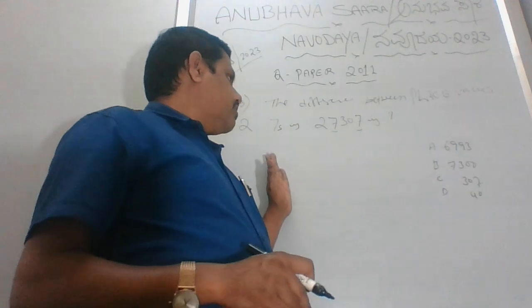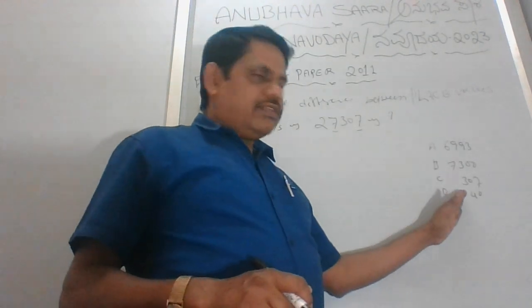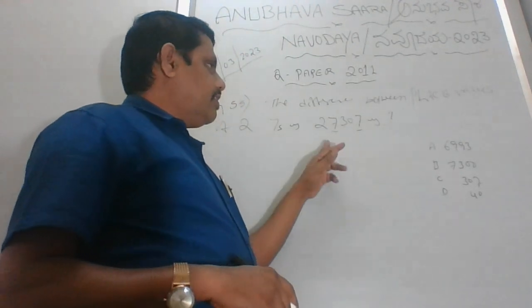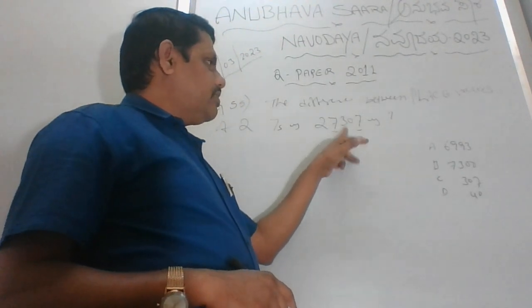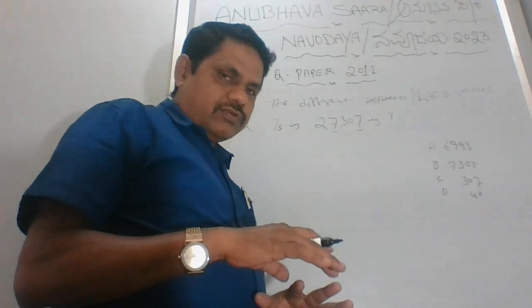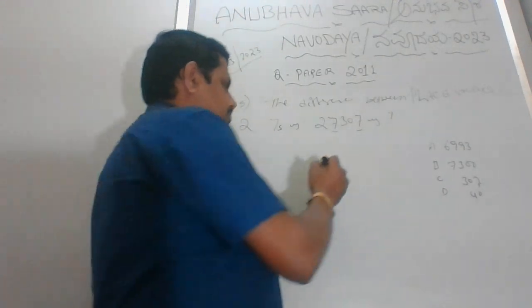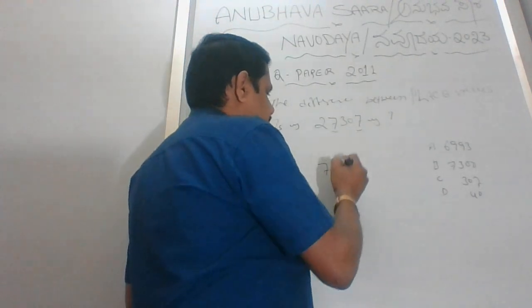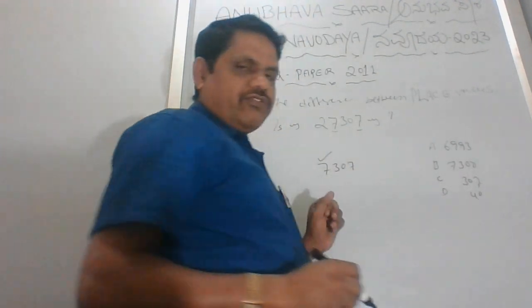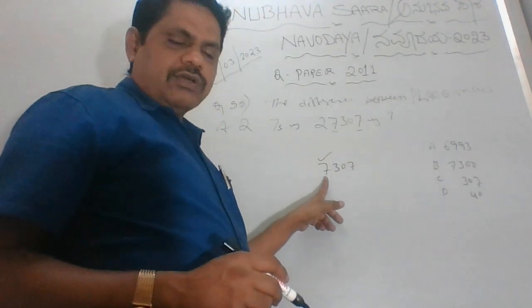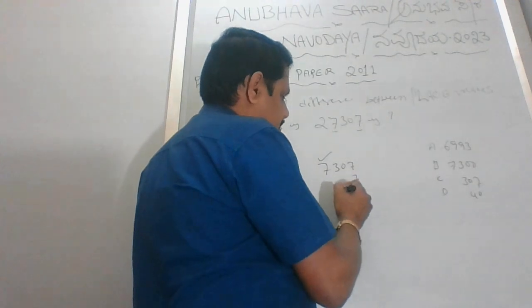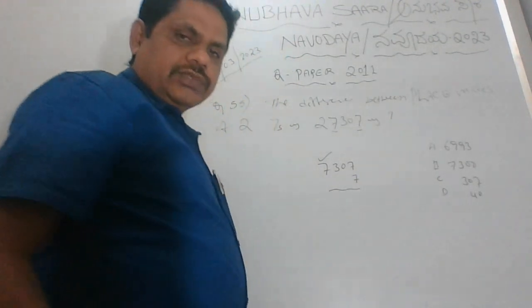Okay. So what you can do is plan this accordingly, and I'll tell you in an easy manner. 7307. What we'll do is subtract. Subtract from what? 7307 has the thousands place value, then the ones place value here. Clear?